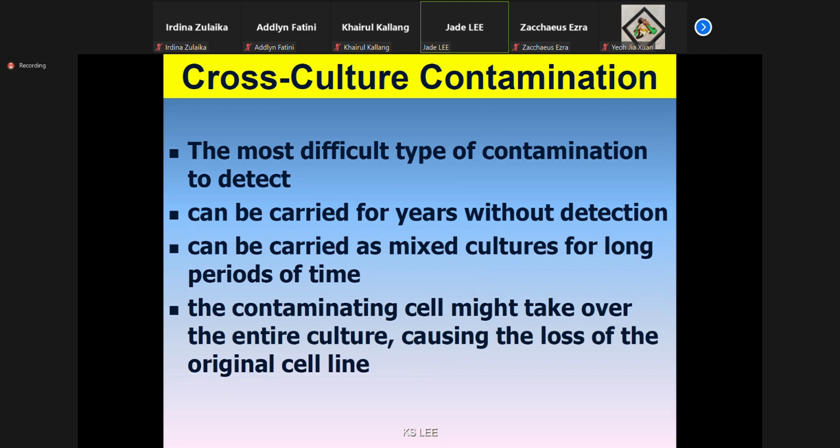I have encountered this before, and it is very difficult, because they may give you false results. It is reported that about 30% of the data published in papers came from cross-culture contaminations. So it is extremely important, and you have to practice an extremely careful SOP for your tissue culture.